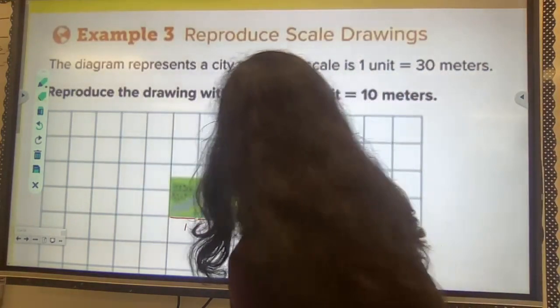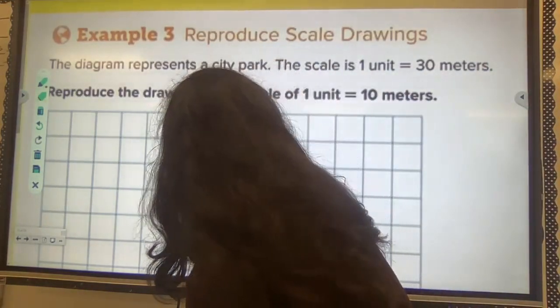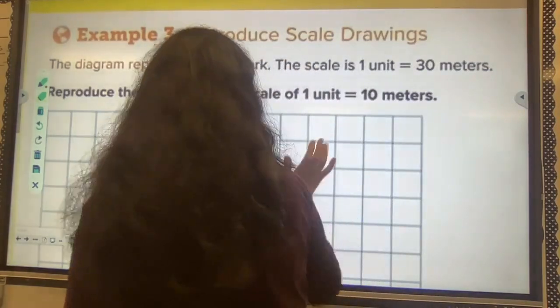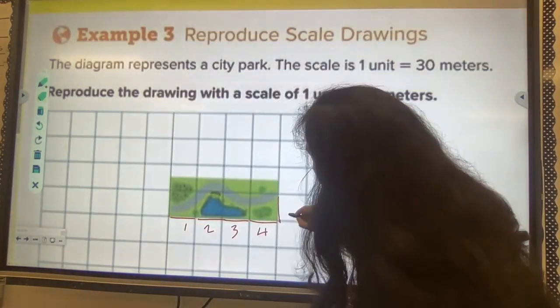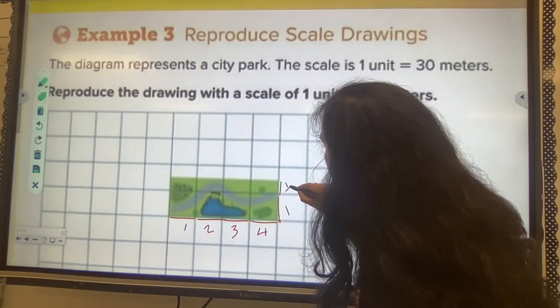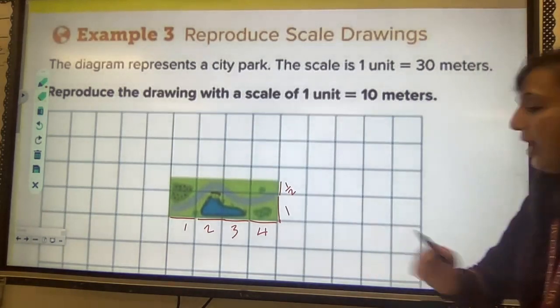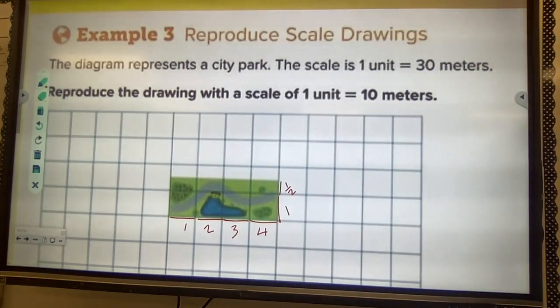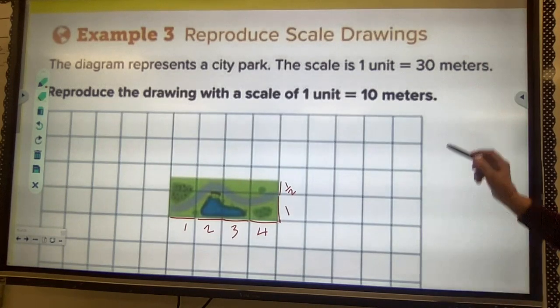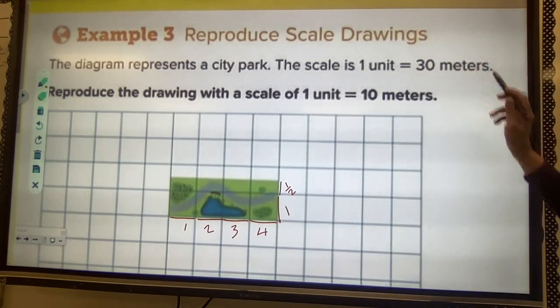Okay. Here, let me do that better. So this is 1, and then this is half. Let me write it like this so that you can see what I'm talking about. So total amount is how much? 1 and 1/2. Right?